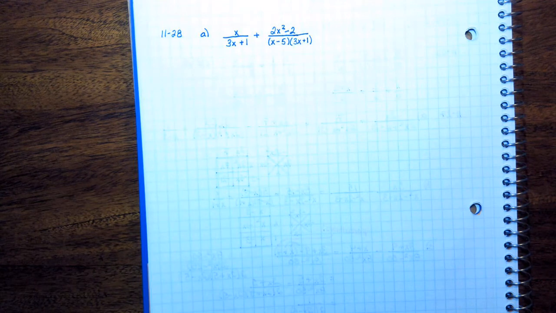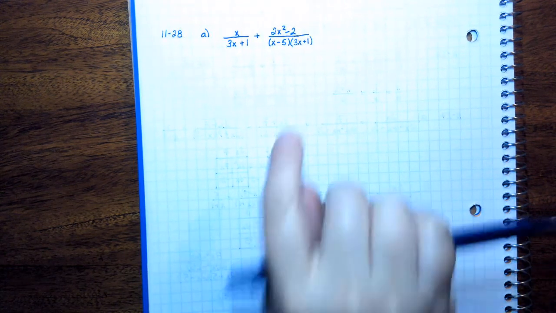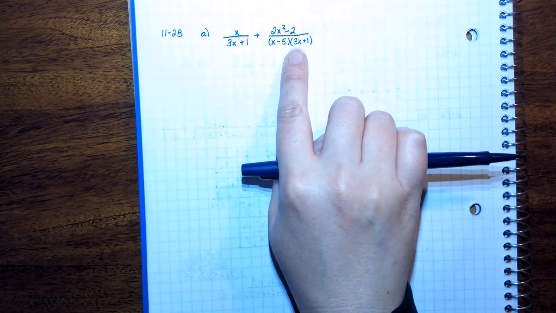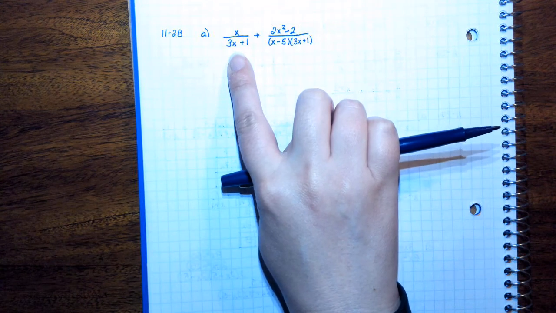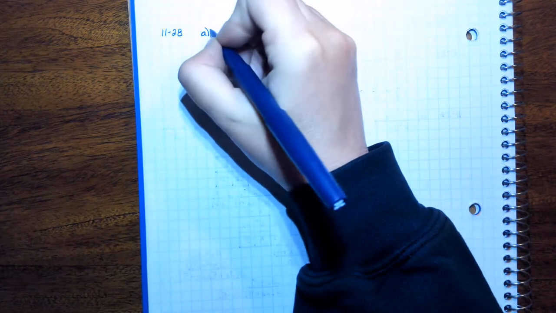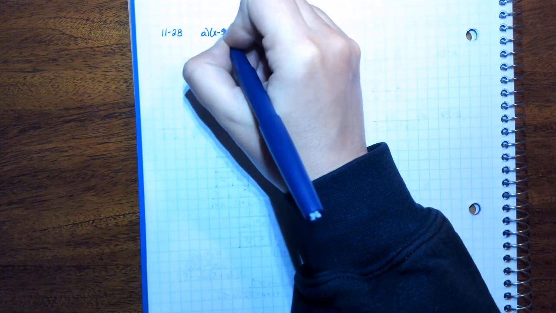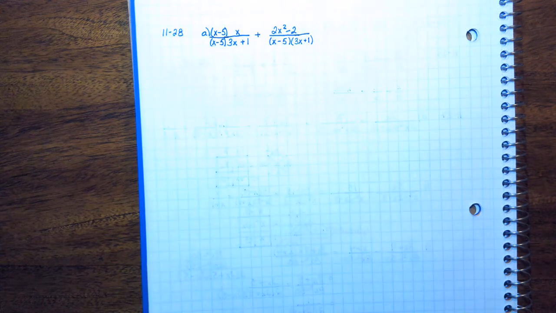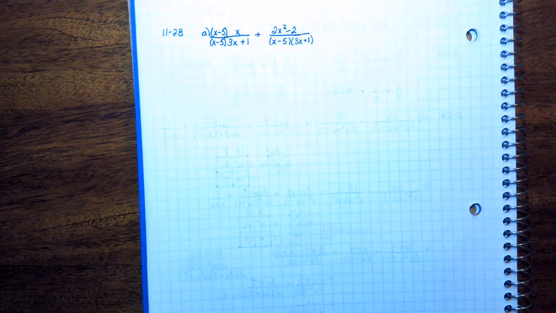Going back to the algebra problem, this side already has both numbers. This side only has one of the numbers. What does it need? It needs a giant 1 made out of x minus 5 over x minus 5.